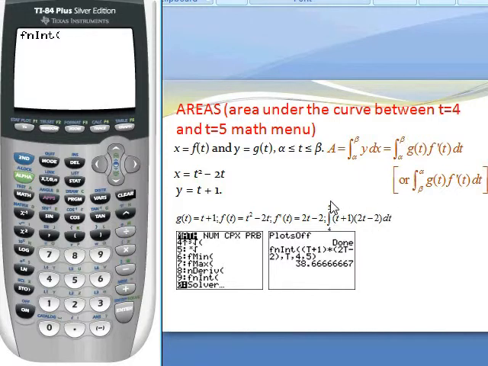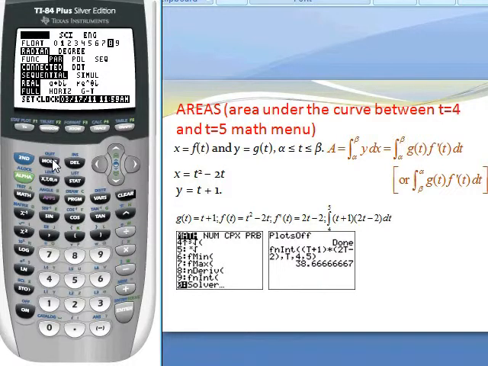So you enter whatever the function value is, and make sure that your equation is set in the parametric mode, and the parametric mode can be changed right here under mode, and I have it in parametric mode right here.